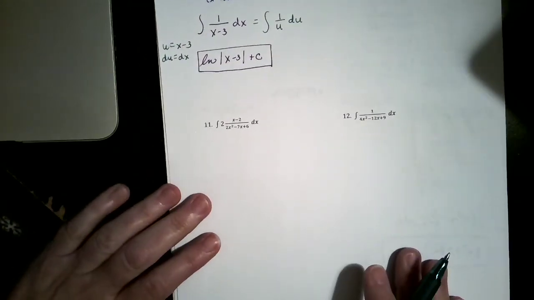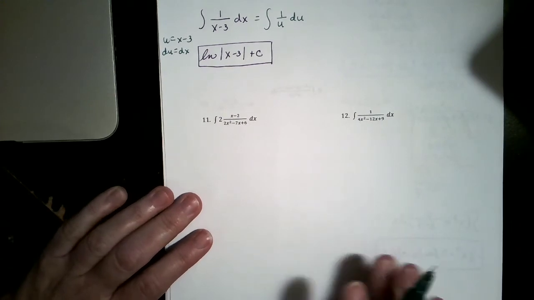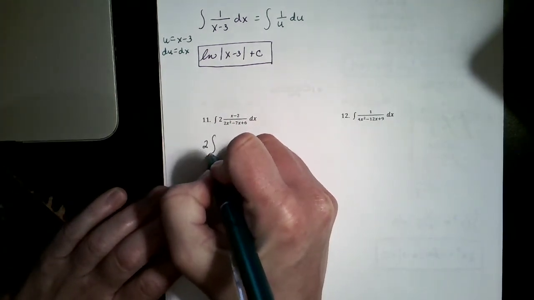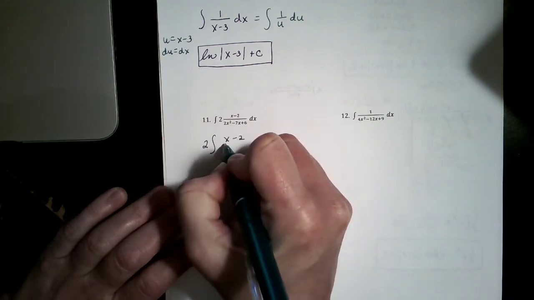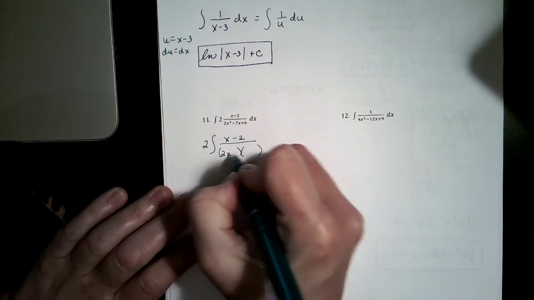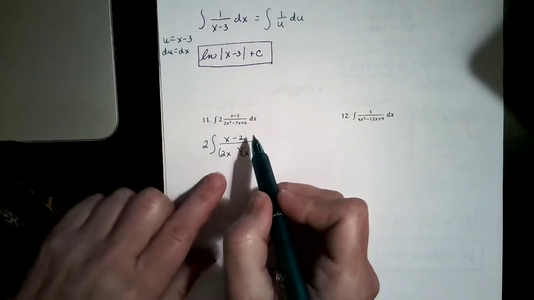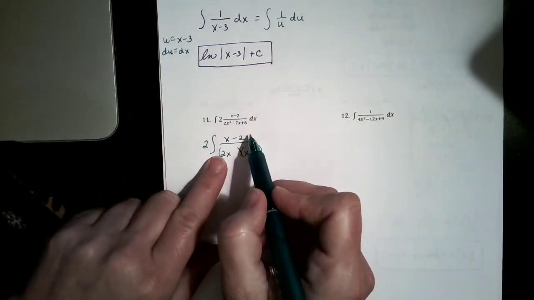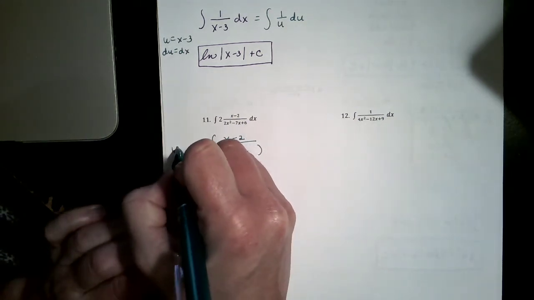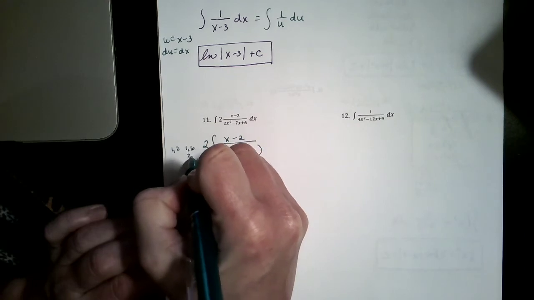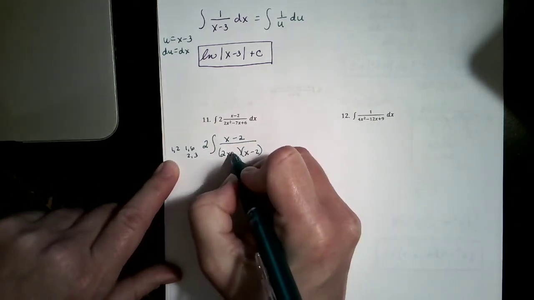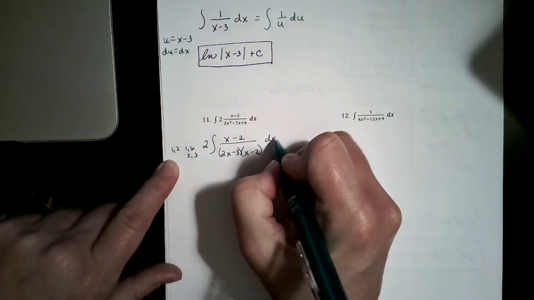Let's take a look at number 11. I have this random 2 hanging out in the front, so hopefully by now you know to pull that 2 out. x minus 2 on the top. We need to factor the bottom, so I know it's going to be a 2x and an x, and you do whatever you need to do in order to factor this. I'm going to do my fancy way of factoring that I learned when I was a kid. So minus 2 and minus 3.